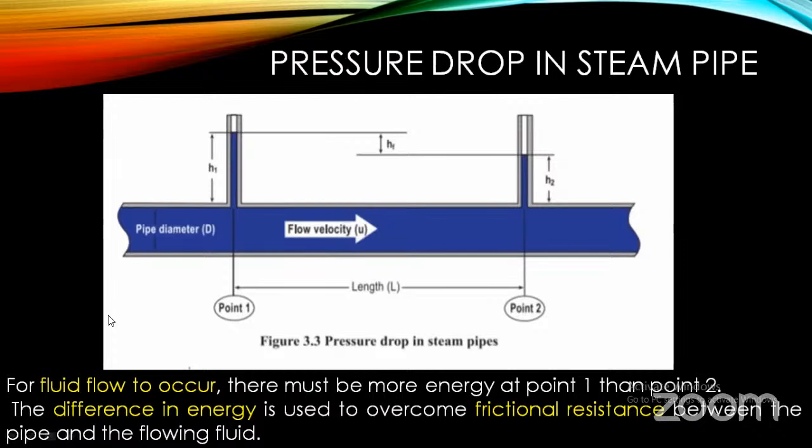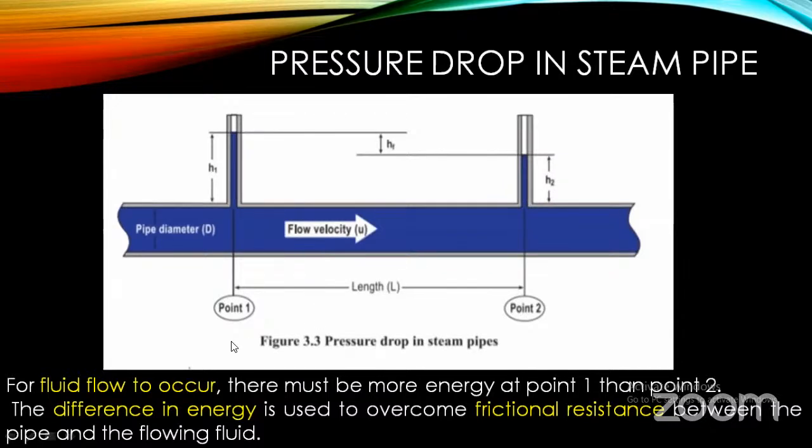If you take a steam pipe with a flow velocity of U and a pipe diameter of D, take point 1, which is at a height of H1 above the datum level, and after a length of L, take another point 2, which is at a height of H2.